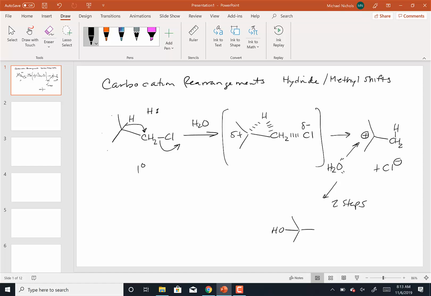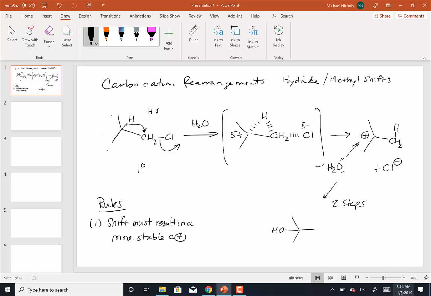Our rules are this. Number one, the shift must result in a more stable carbocation. So when you do a shift, you have to end up with a more stable carbocation. In this case, we're shifting to go from potentially a primary carbocation to a tertiary.